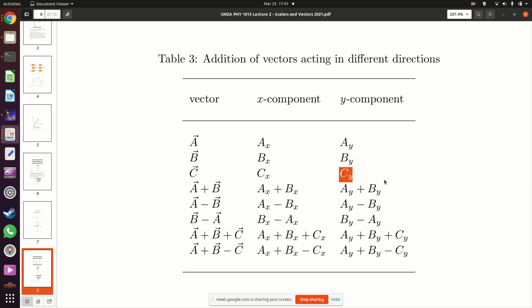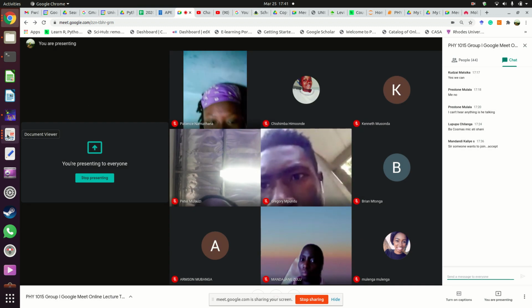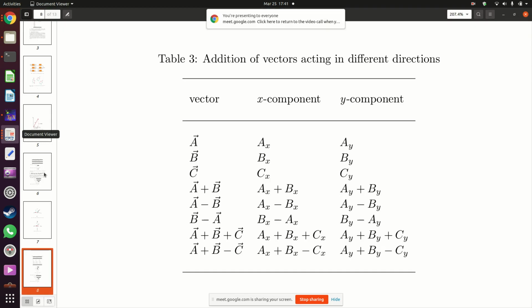Now, how does this help us carry out addition? Well, it does help us because, for example, here a plus b is what is called the resultant. When you add vectors or subtract vectors, what you get is a resultant.